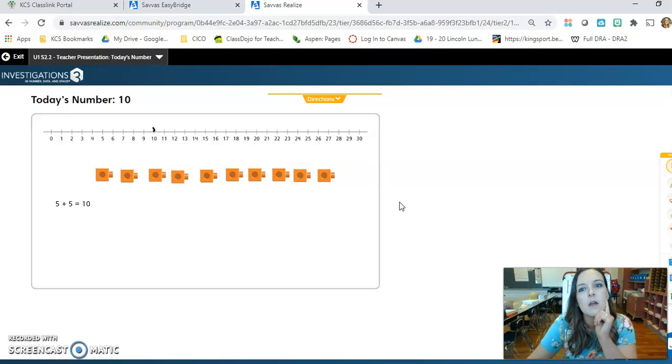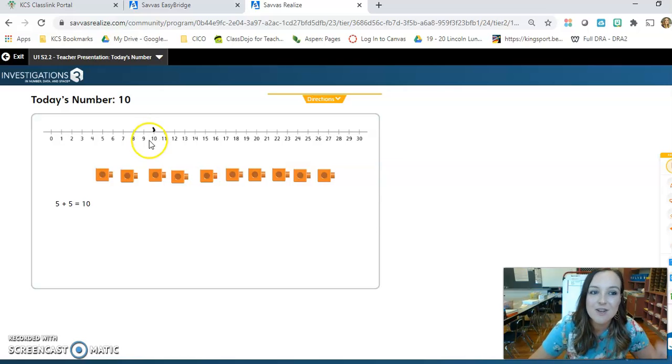All right. Let's try to think of another fact that might give us 10. Well, let's start with 0. So if I have 0, what could I add to get to 10? Let's see if I can count on. So I'm going to start here. I'm at 0, 1, 2, 3, 4, 5, 6, 7, 8, 9, 10.